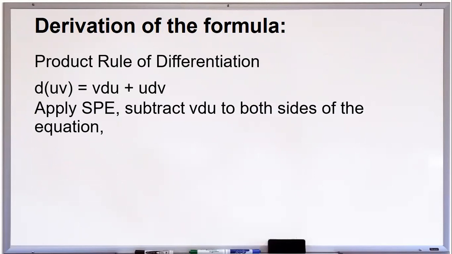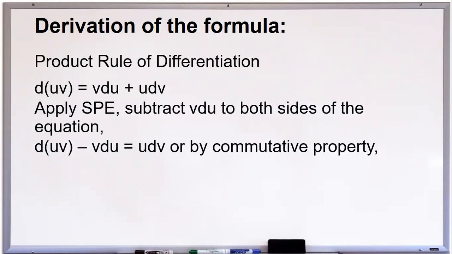Okay, so we subtract v du from both sides of your equation. So this will be the derivative of uv minus v du, which is equal to u dv, or by commutative property, u dv is equal to the derivative of uv minus v du.